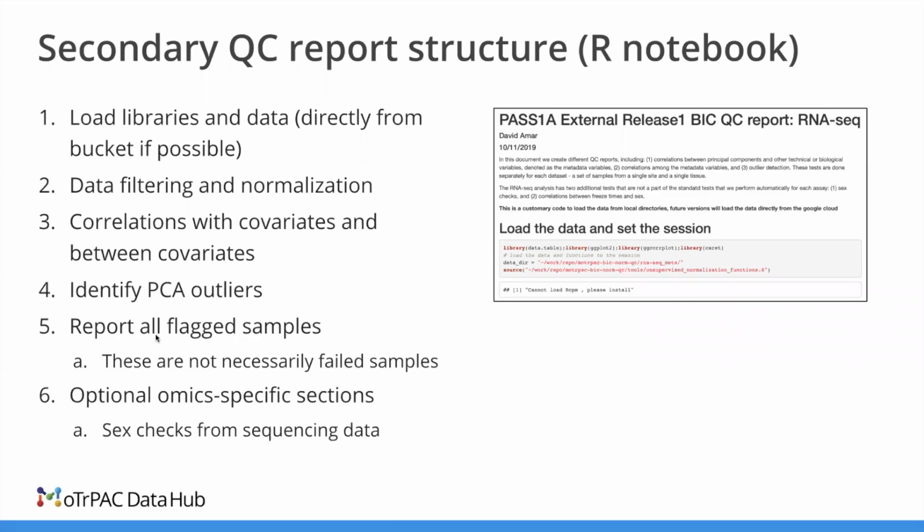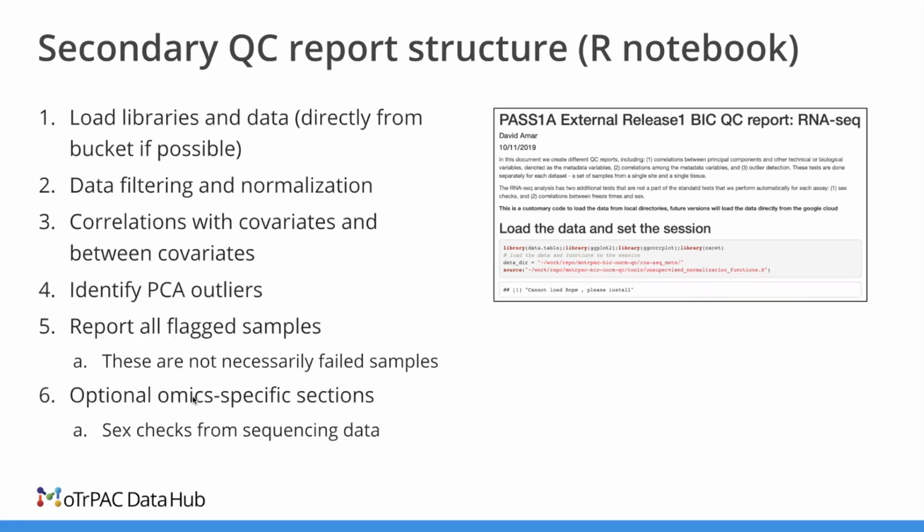So keep in mind, all of the samples that are provided with our external release passed all of our QA/QC steps. However, sometimes when you plot data in the PCA plots, some samples may look a bit different than the others, and we just flag them in the plots. You can use these flags maybe to perform some sensitivity analysis later on.